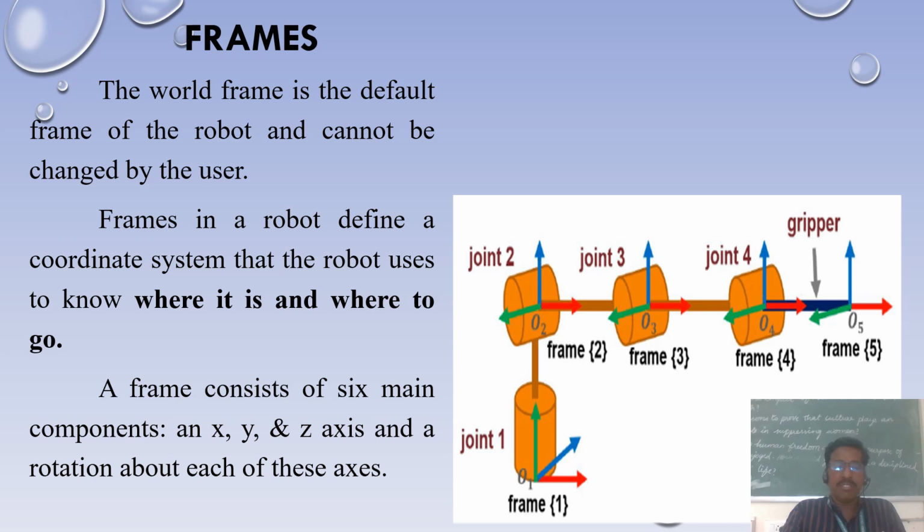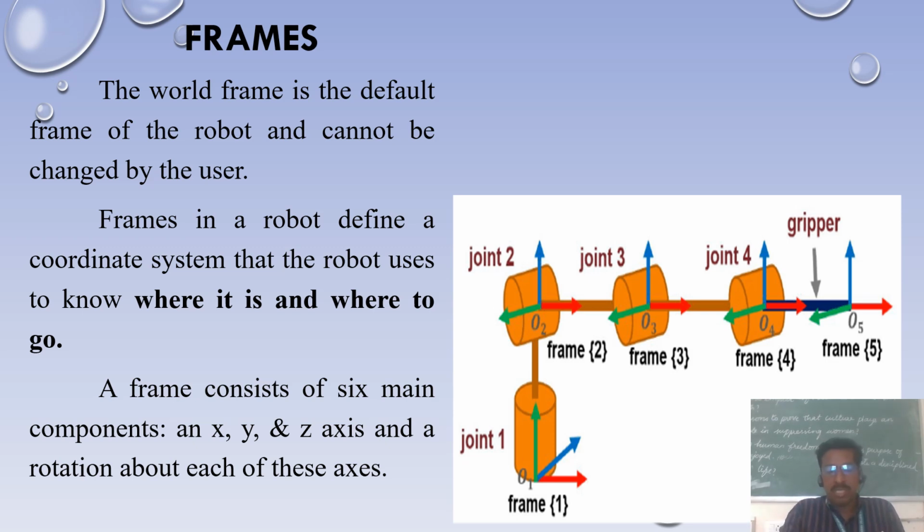Frames in a robot define a coordinate system that the robot uses to know where it is and where to go. That tells the total space and the movement of a particular robot and its end effector.